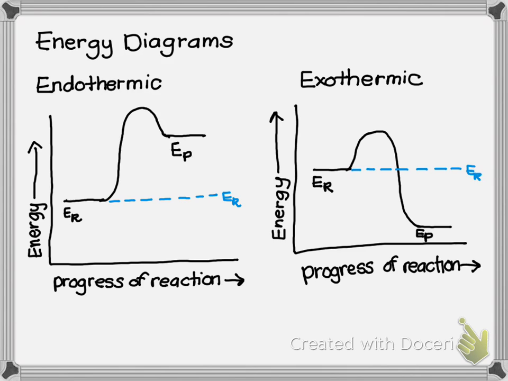Now the first thing I want to label is called the activation energy. Activation energy is going to be the difference between where the reactants start and up here at the top, which is called the transition state, and I'll label that in a minute. So the amount of energy it takes to get to the top of the peak is called the activation energy.